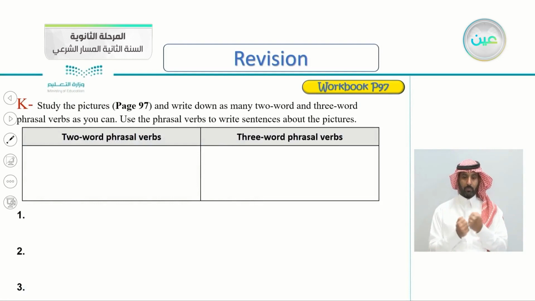Exercise K here, page 97. So turn to page 97. Study the pictures. Open page 97, look at the pictures and write down as many 2-word and 3-word phrasal verbs as you can, if you remember them.